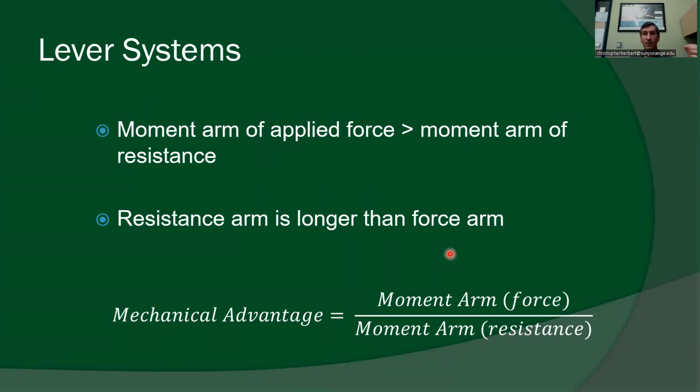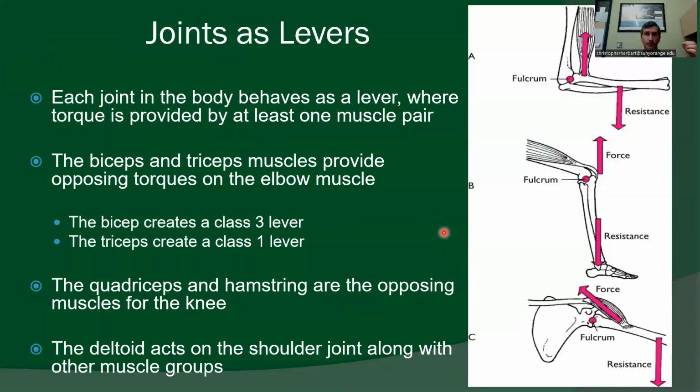But for the joints in our body, what we find is the muscles have a very small distance at which they can contract. So the muscles in a joint will actually give up mechanical advantage, will actually have a mechanical advantage less than one because of their small distance to create a larger range of motion.